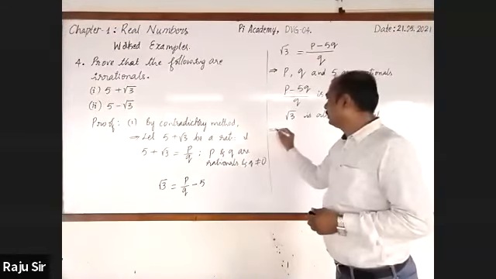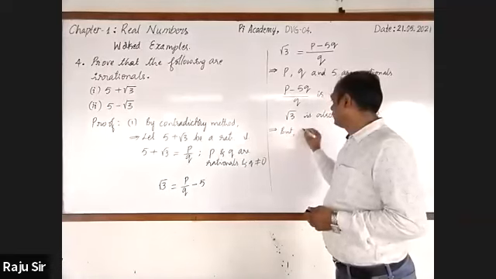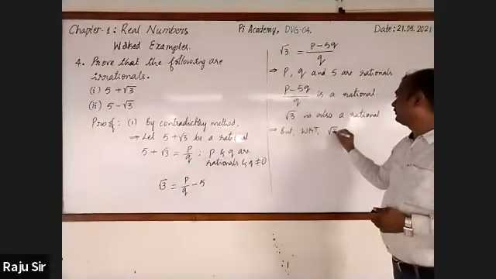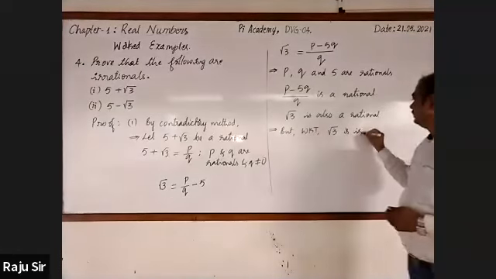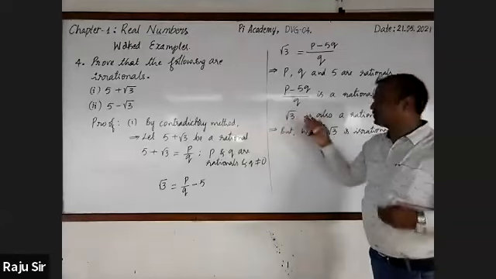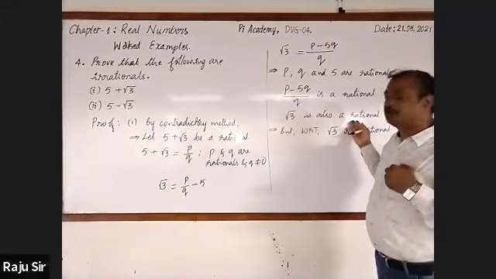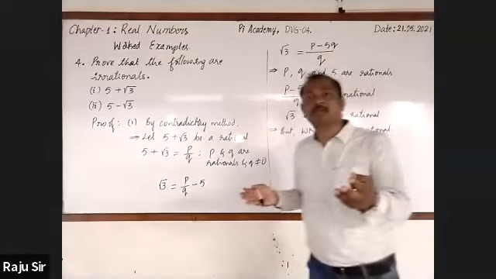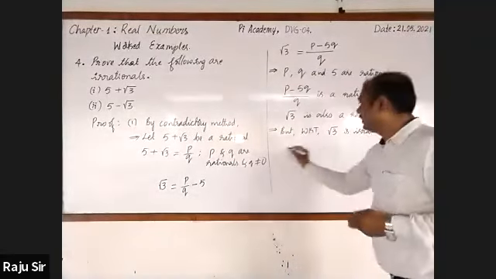But we know that root 3 is irrational. So according to our assumption, we have got root 3 is rational, but actually it is irrational. Then our assumption will be wrong, right?